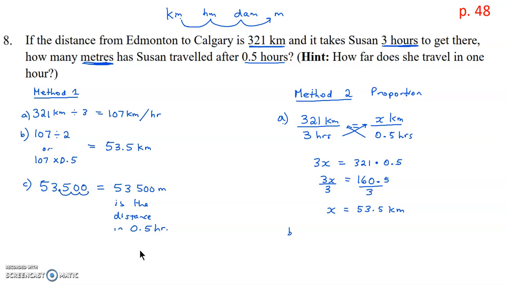And then from there, you can convert. So we're going to convert that 53.5 into meters, which will give us the same answer, 53,500 meters. So oftentimes we can use our proportion knowledge to solve a word problem that also involves converting.